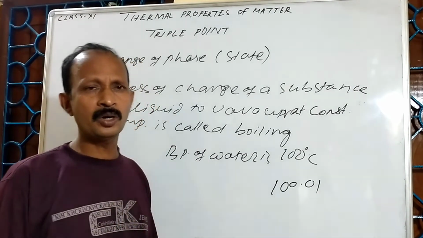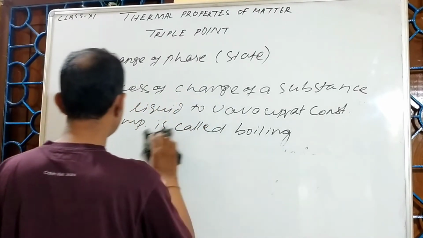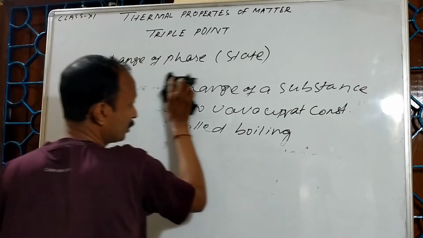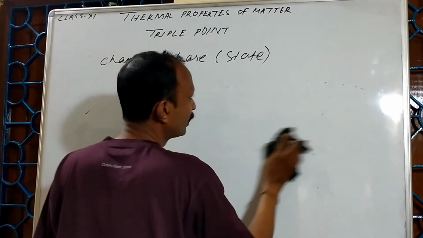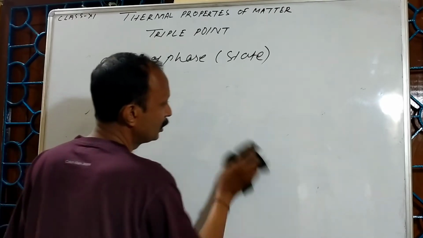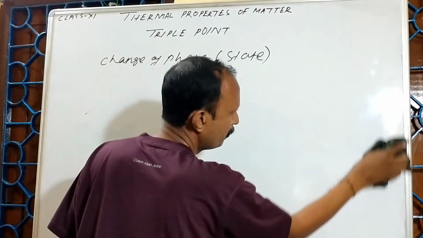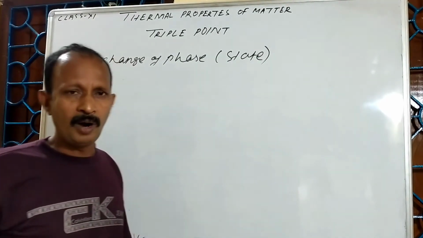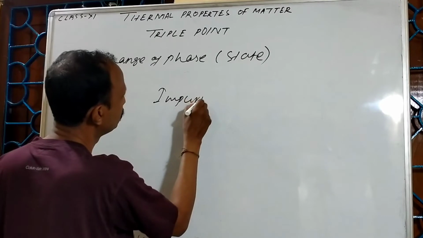So the temperature at which liquid converts into vapor without changing the temperature, that constant temperature is called the boiling point. Some factors can affect the boiling point. What factors?